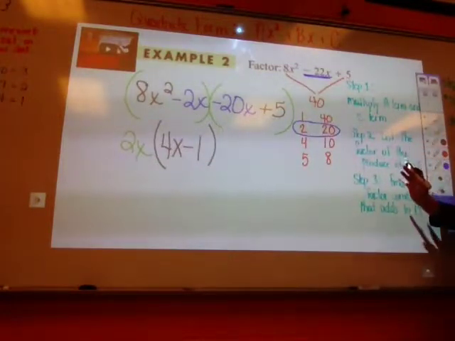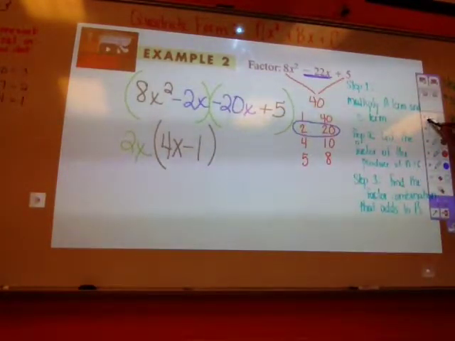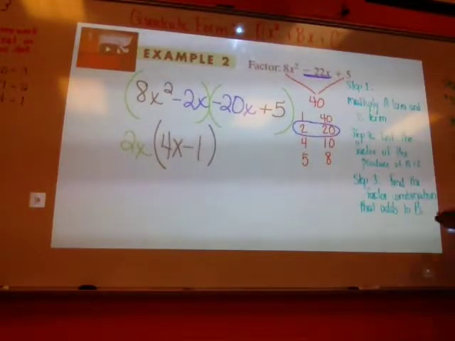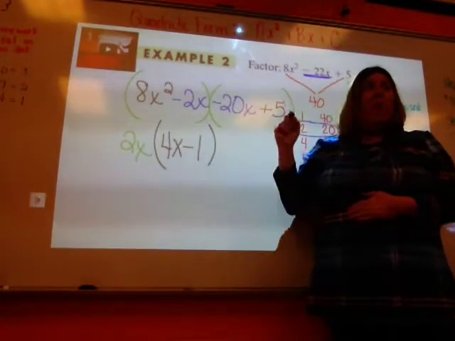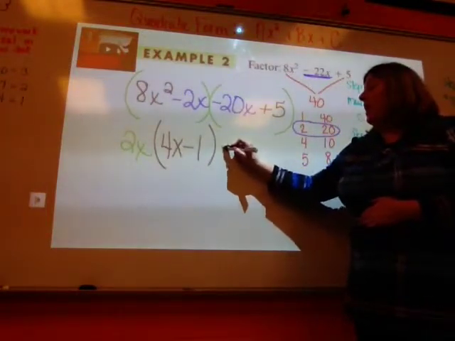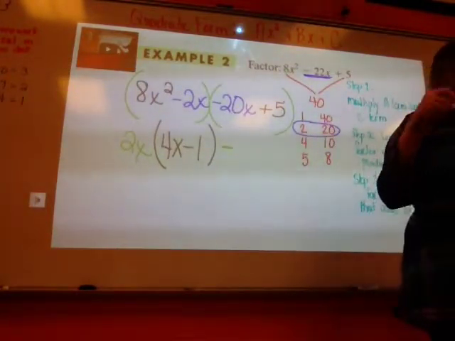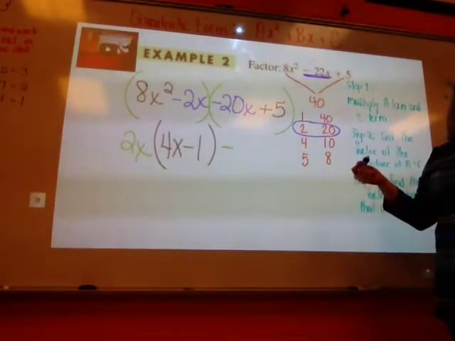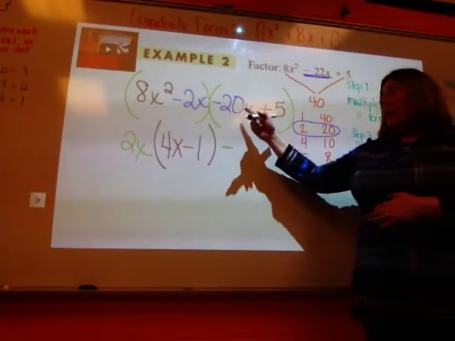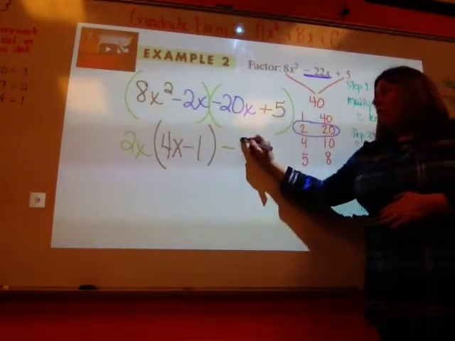Yes or maybe? But then on the next one, is my first term positive? No. So I'm going to want to make sure I pull out that negative. And is there anything else I can pull out? I can pull out a negative, but I can also pull out a what? 5.